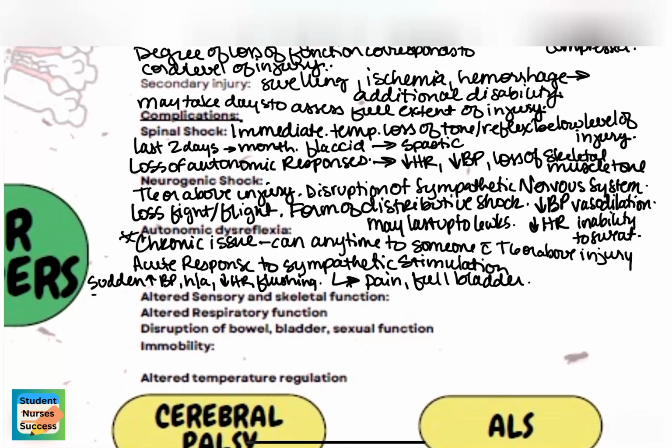This sudden increase in blood pressure can actually cause stroke or a lot of damage, so it needs to be recognized right away. What we do is try to find out what the source of the sympathetic stimulation is. We would also maybe give some medications to lower blood pressure and control pain.